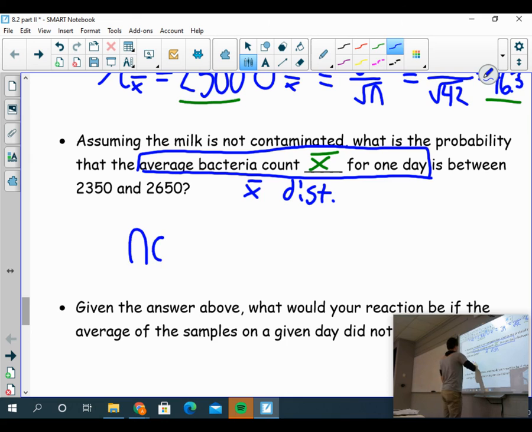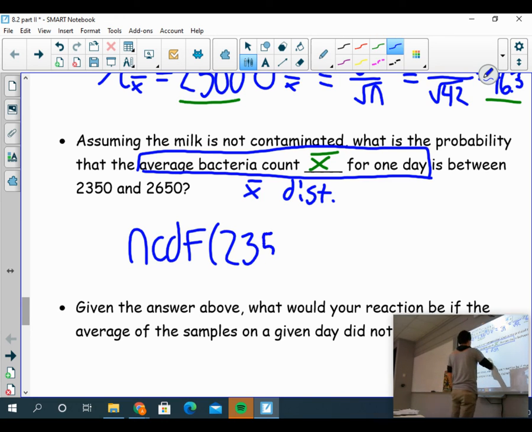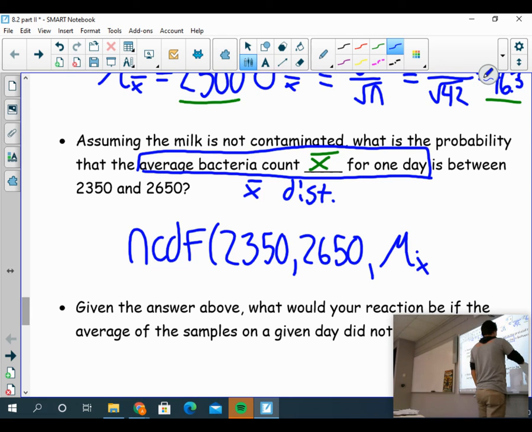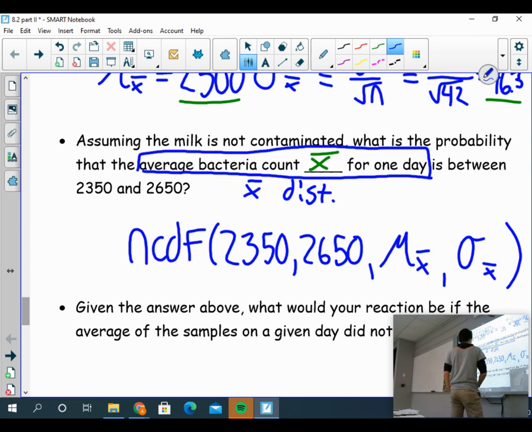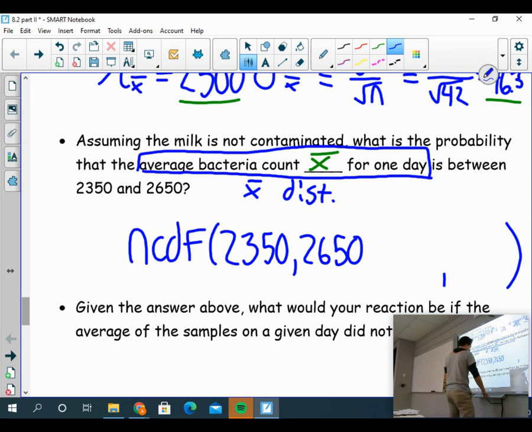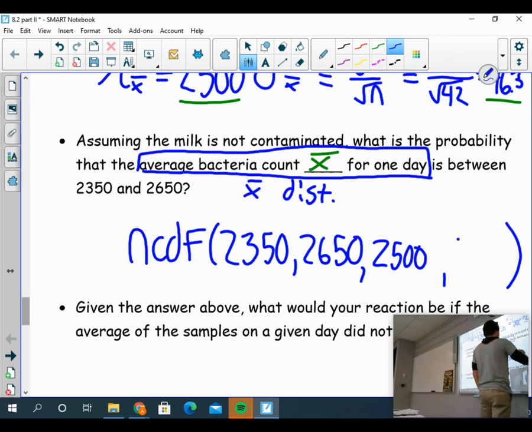So we're able to use normal CDF, lower bound of 2350, upper bound of 2650. But now I need to find mu of x bar and sigma of x bar, and we just found those in the part above. 2,500 is my mean. My standard deviation is 46.3.